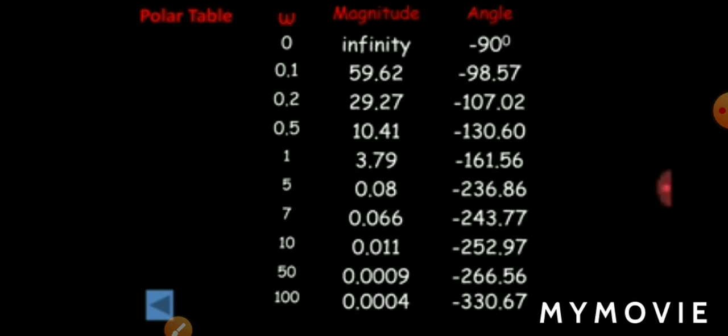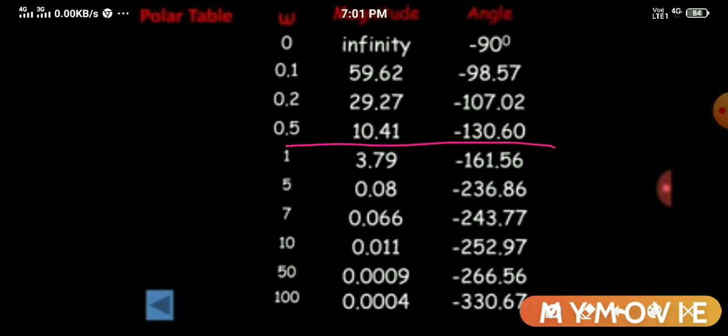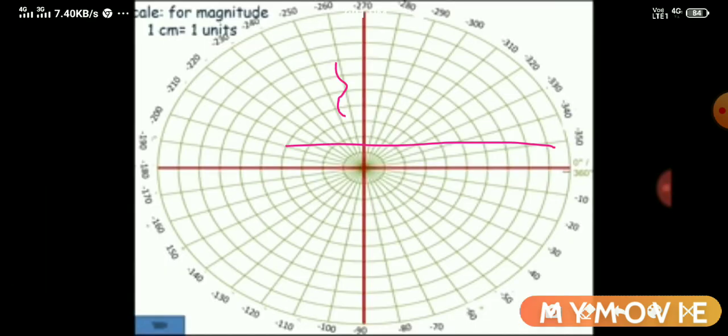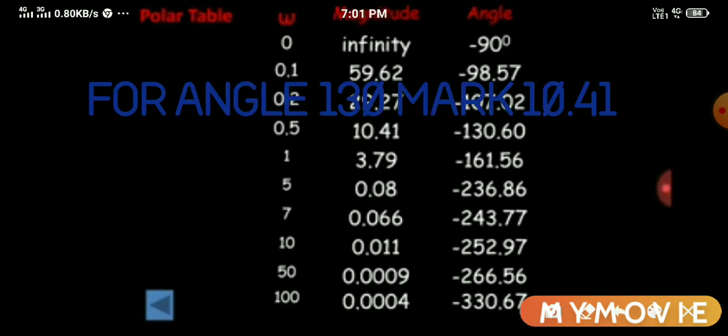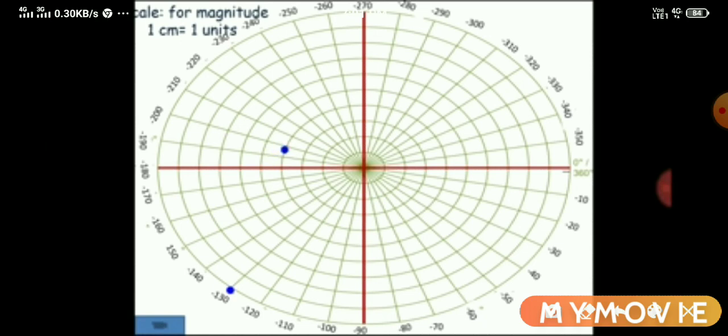Infinity is also not possible. So 10.41, that is 10 centimeters, is somewhat possible. So 10.41 for the angle minus 130.60, yes, this is possible, so I will draw that. These two are not possible because we took 1 centimeter equal to 1 unit.